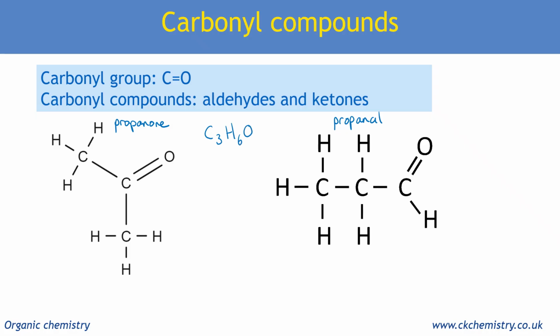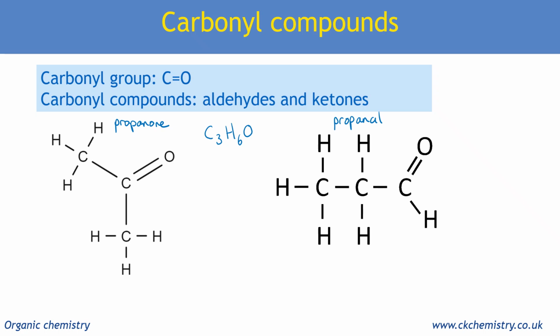C3H6O would be the molecular formula for both of them. Notice that the number of hydrogens is very much like an alkene, and that's because we've got this double bond, which means that we've got 2 fewer hydrogens in the molecule compared to an alcohol. That's really useful if you're doing a spectral question and some analysis. It gives you a clue that there's a double bond in there.